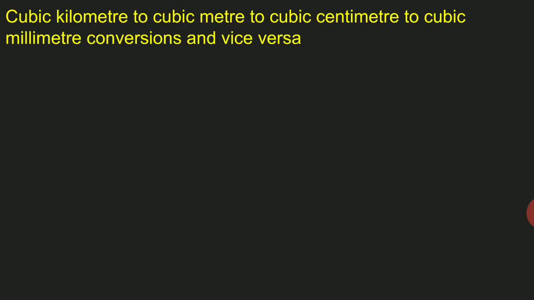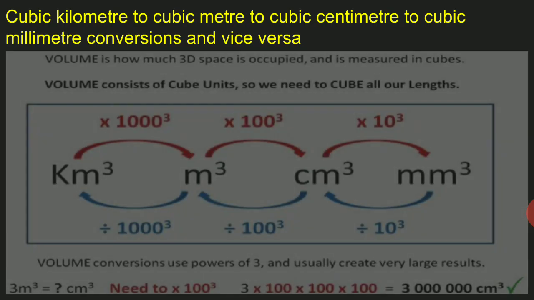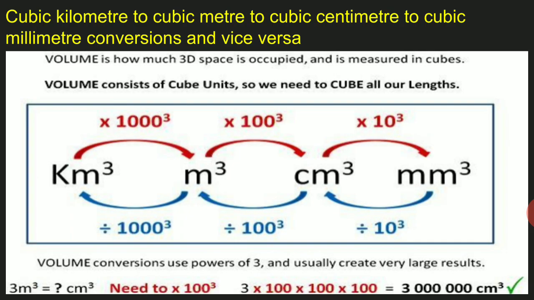Now let us see conversion between the SI unit, the submultiple and multiple units. Volume is how much 3D space is occupied and is measured in cubes. Cube means the same number is multiplied 3 times. Now volume consists of cube units, so we need to cube all our lengths.